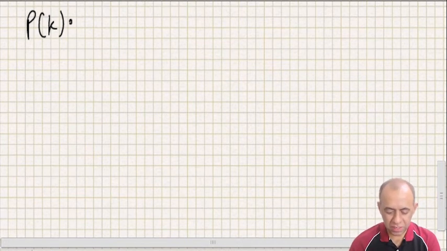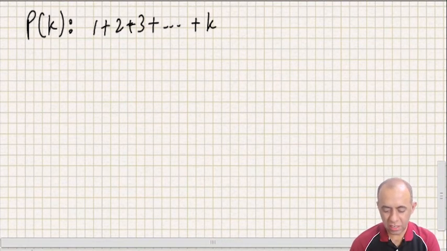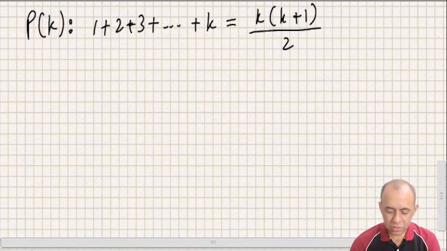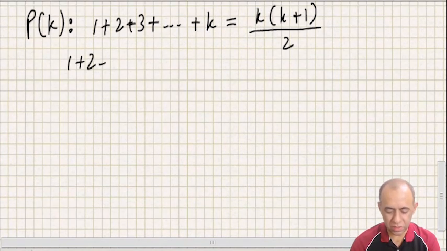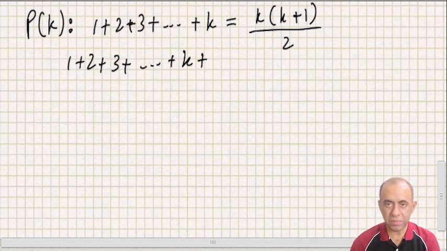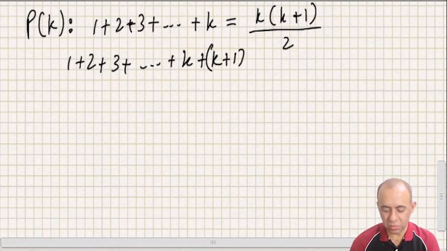So P of k was 1 plus 2 plus 3 plus and so on plus k equal to k into k plus 1 divided by 2. So what if we used this assumption and went on to the next step? Let's do that. 1 plus 2 plus 3 plus so on up to k. So adding a new term would mean adding this term on both sides.